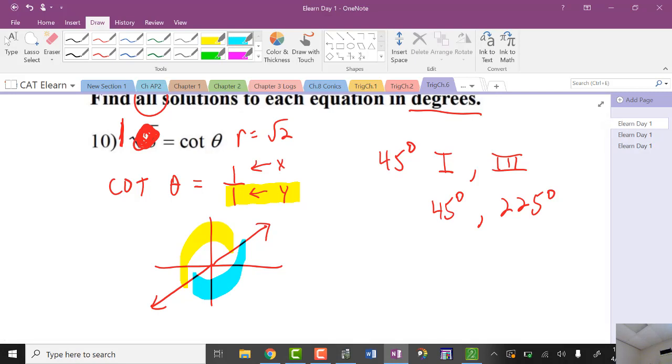Because tangent is positive in 1 and 3, negative in 2 and 4, and so is cotangent. So their answers are always going to be 180 away.